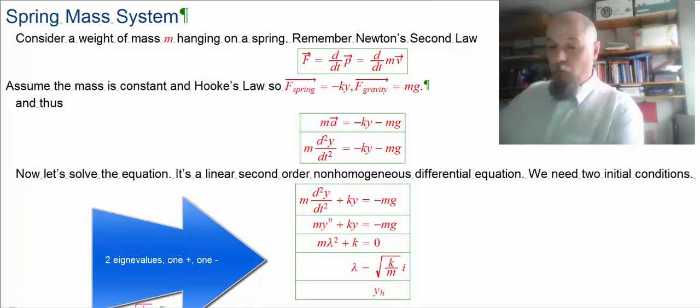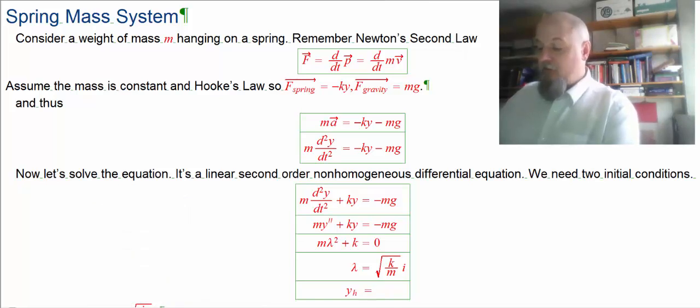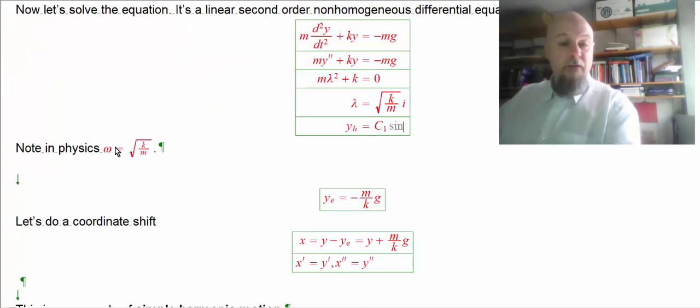Our homogeneous solution, y homogeneous, would have some constant c1 times sine of root k over m t. I keep having to put this root in. That's why in physics they call root k over m omega, so that they can write c1 sine omega t plus c2 cos omega t.